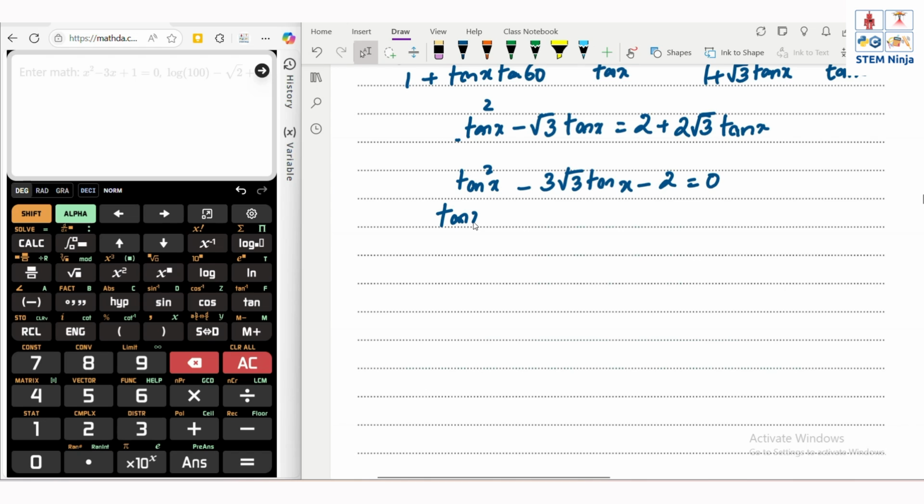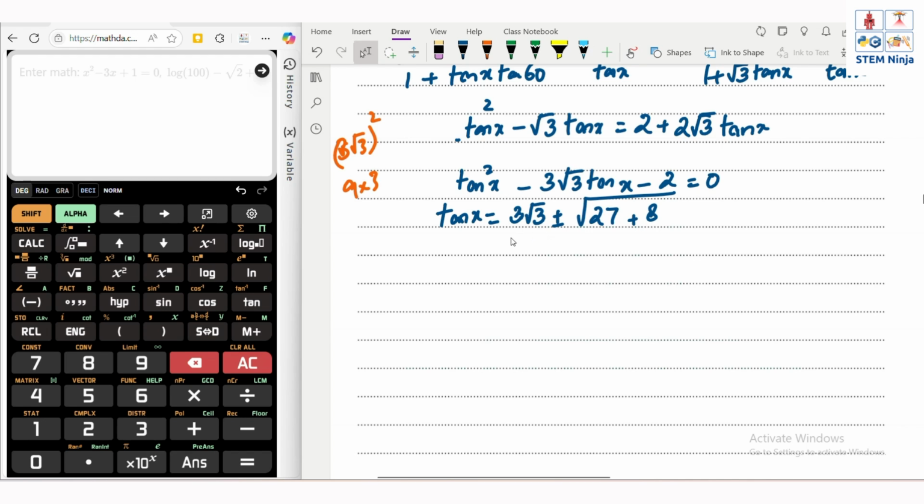So tan x equals, now minus b is just 3 root 3, plus minus the square root of b squared, 3 root 3 whole squared is basically 9 times 3, which is 27, minus 4ac becomes 4 times 2, plus 8.